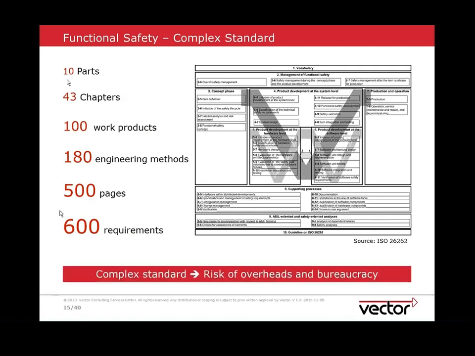Now, with these 10 books, 10 parts of the standard, we can see that we have a lot of best practices mentioned in the standard, which boils down to 500 pages of the current standard volume and 600 different requirements. And suddenly we realize, well, this is not peanuts. And it certainly needs a good understanding of how to best address these requirements without creating an extra overhead.